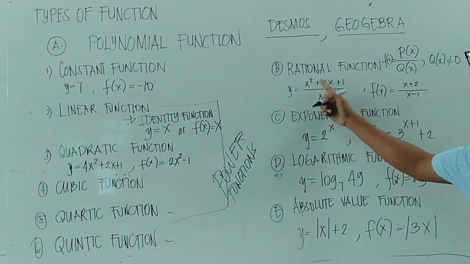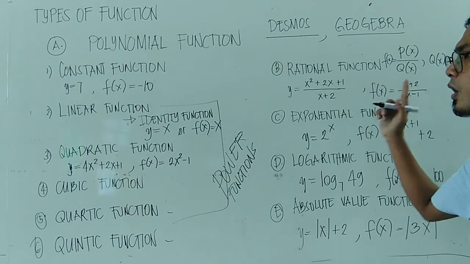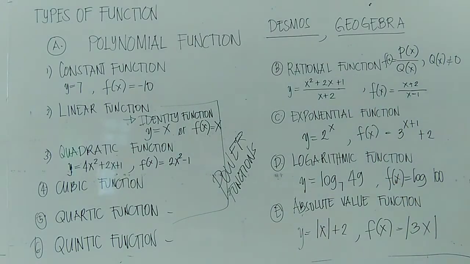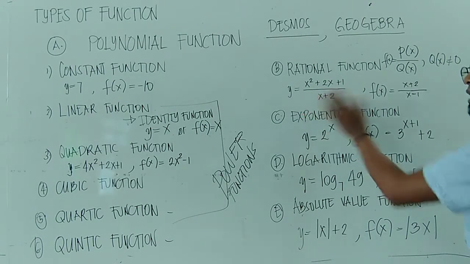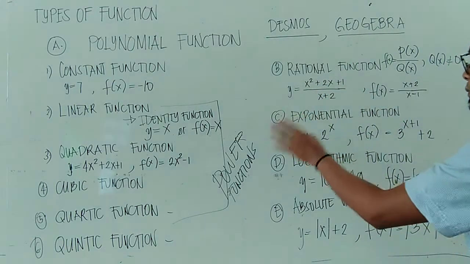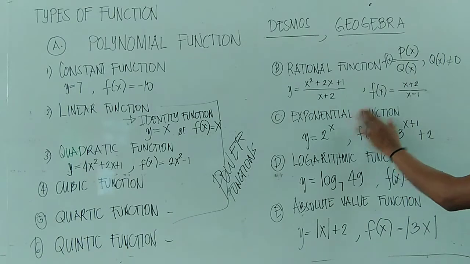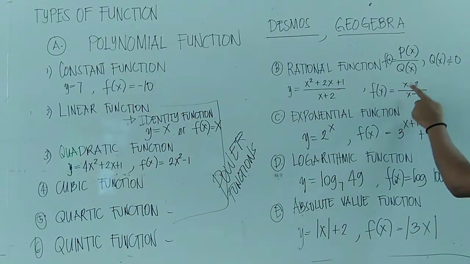So some example of rational functions are here on the board. We have y is equals to 2x squared plus 2x plus 1 over x plus 2. So it means may polynomial na sa numerator, may polynomial na sa denominator. All in all, we have your rational function. Another example is f of x equals to 2x, x plus 2 over x minus 1. Then we have exponential function.